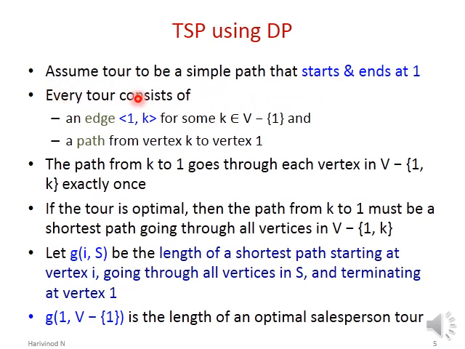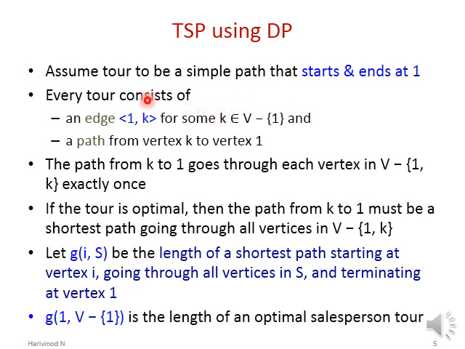Now every tour consists of an edge 1 comma k. We are starting from 1, for some k belongs to V minus 1. V minus 1 means a set of vertices excluding the starting vertex.